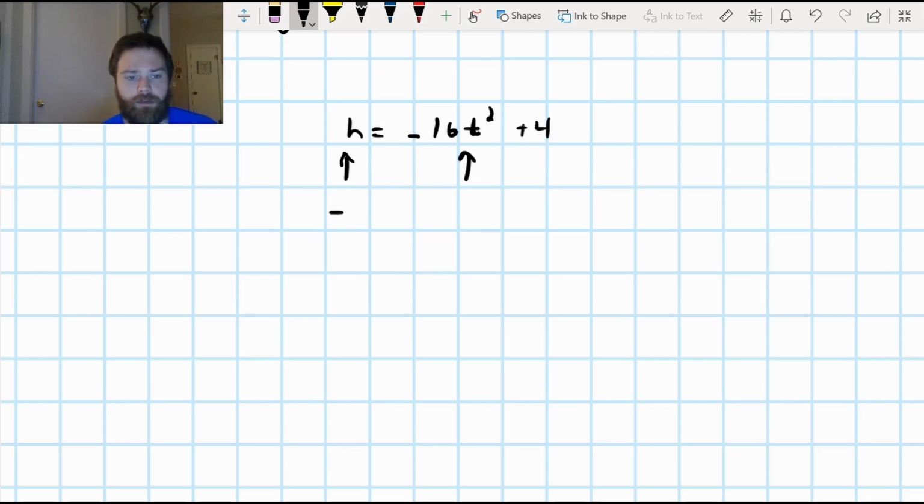Think about this for a second. If we plug in t equals 0, we get that the height is equal to -16 times 0 squared plus 4. So -16 times 0 gives us 0, and 0 plus 4 is just 4.